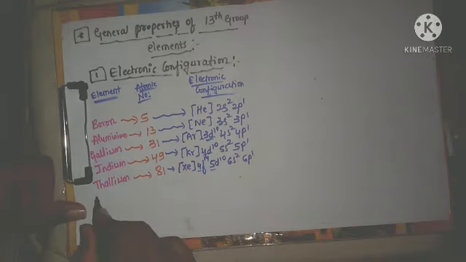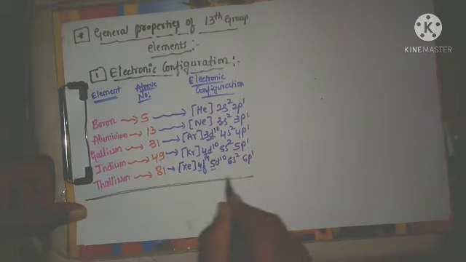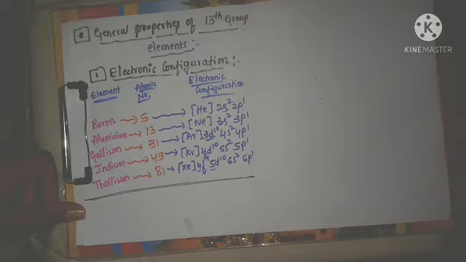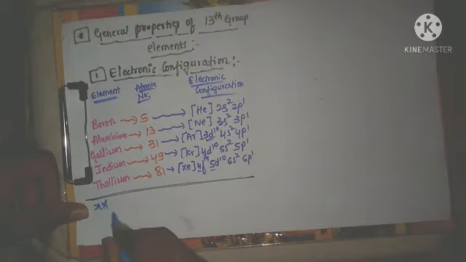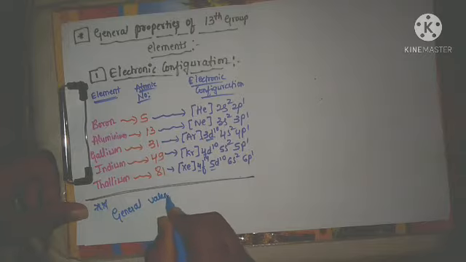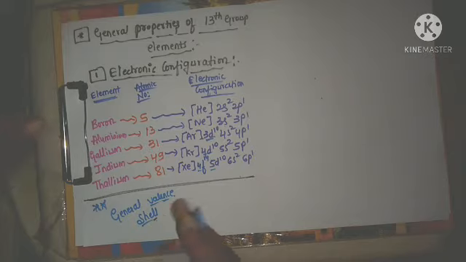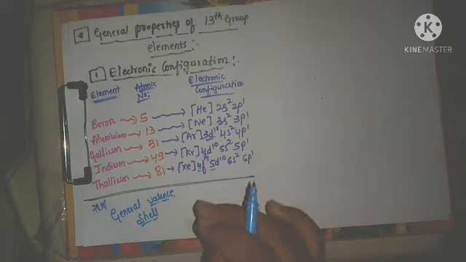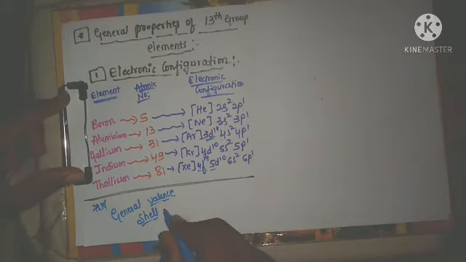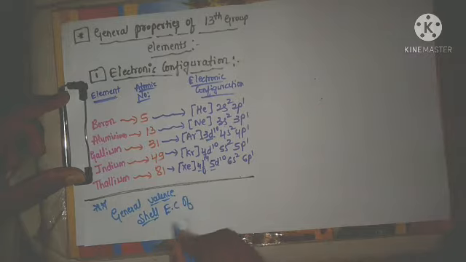Now what is the general valence shell electronic configuration? Here I will take another point also. General valence shell, only valence shell, not inner shells, only n value.